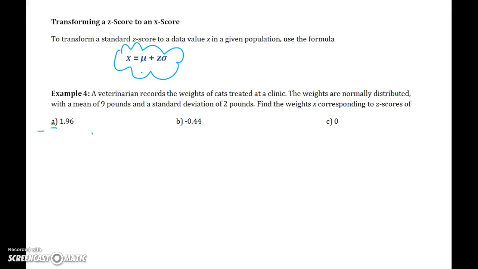Okay, so we have a vet, and this veterinarian records the weights of cats treated at the clinic. The weights are normally distributed. That's important because that means we can use this formula with a mean of 9 pounds. So that's telling me mu is 9, and a standard deviation of 2 pounds. A little bit of algebra action.